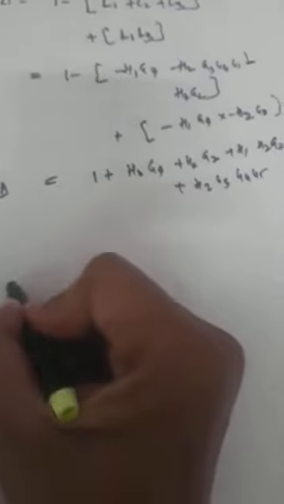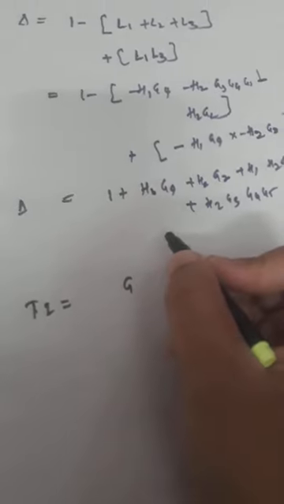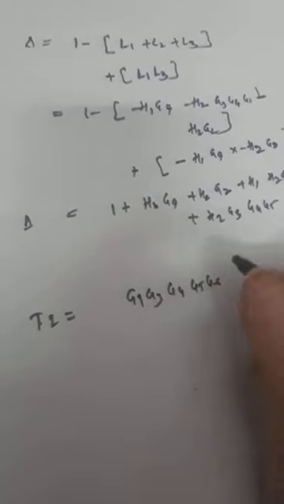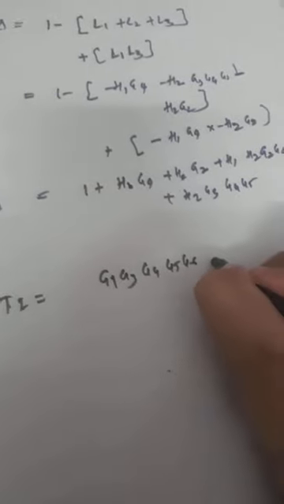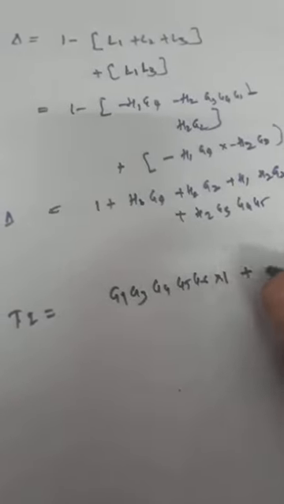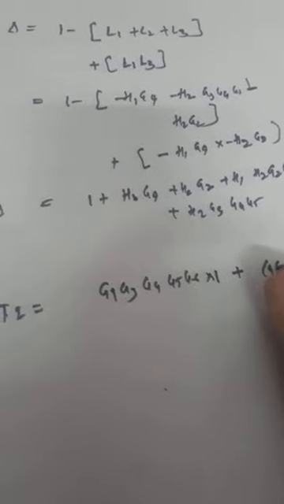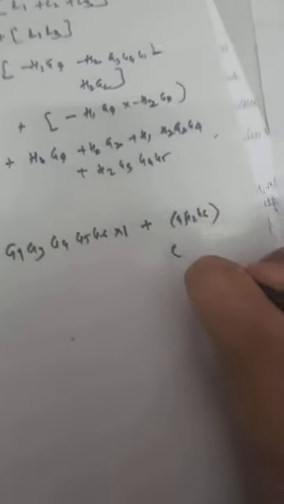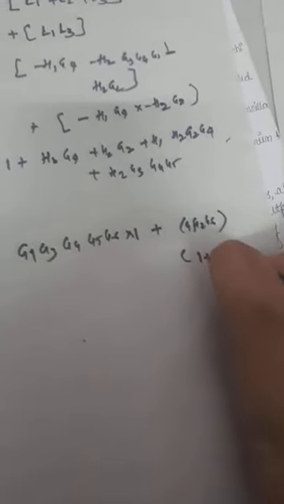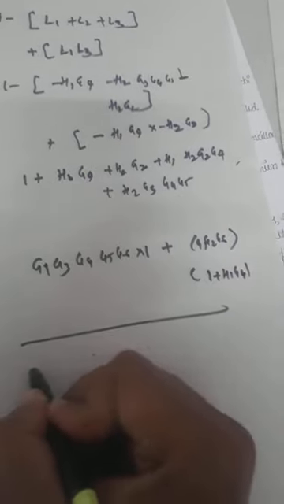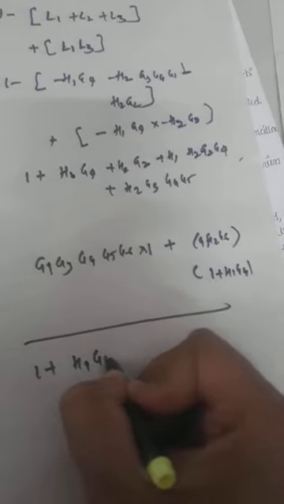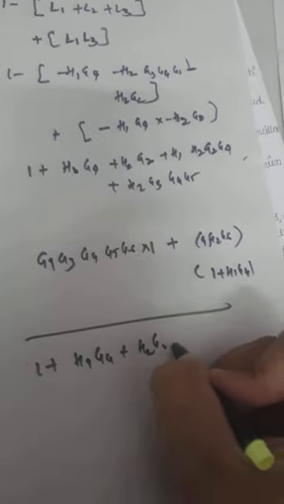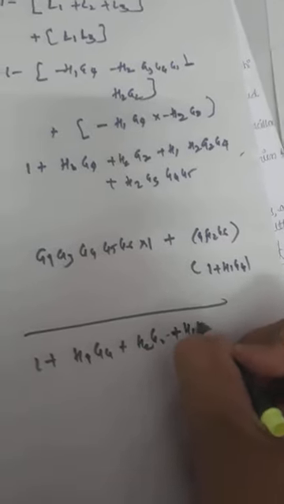That is, transfer function is equal to T1, which is G1 G3 G4 G5 G6, into delta 1 which is 1, plus T2, which is again G1 G2 G6, into delta 2 which is 1 plus H1 G4, whole divided by delta, that is 1 plus H1 G4 plus H2 G2 plus H1 S2 G2.